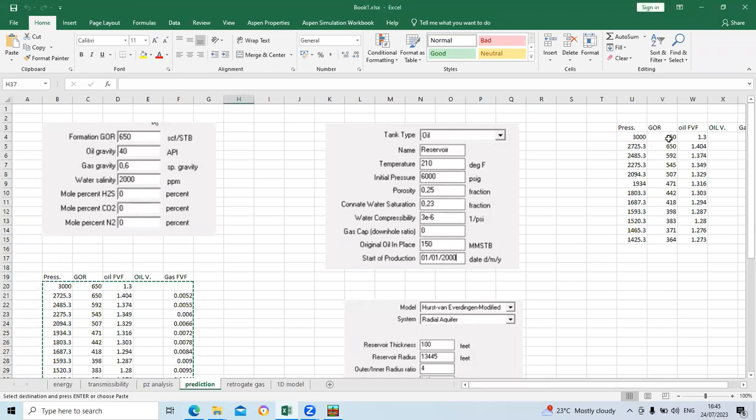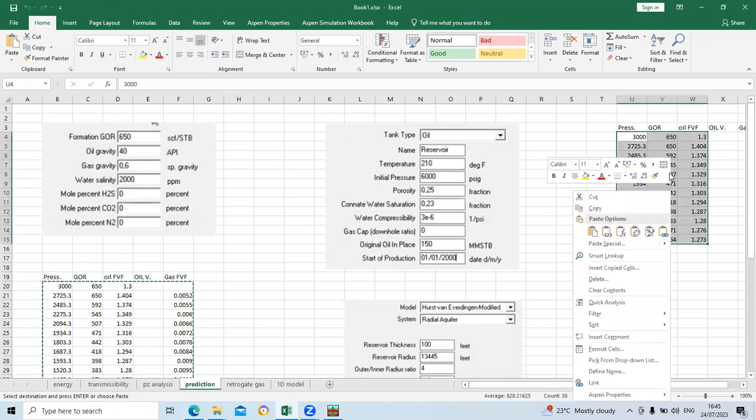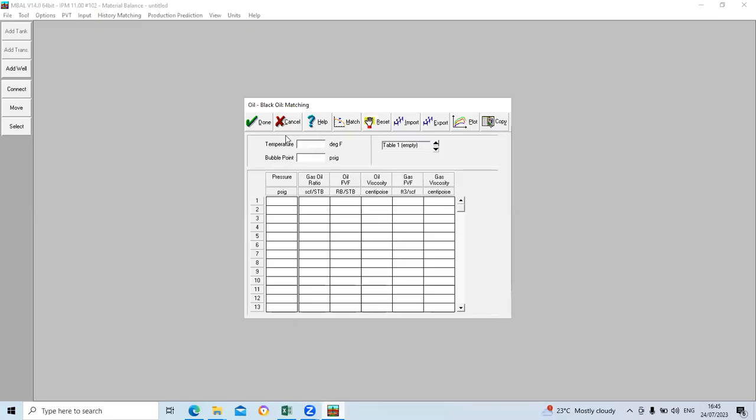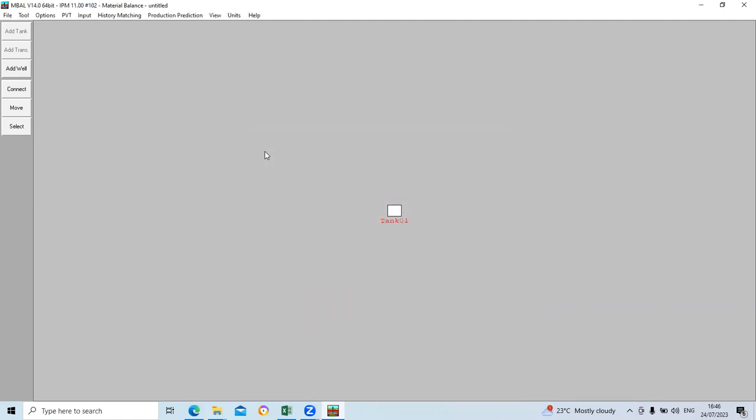Okay, let me take this data, the formation volume factor. Okay, the data actually is refusing to copy.